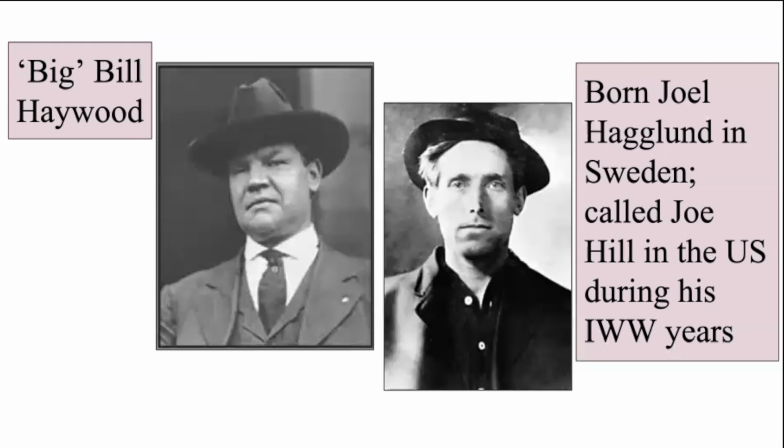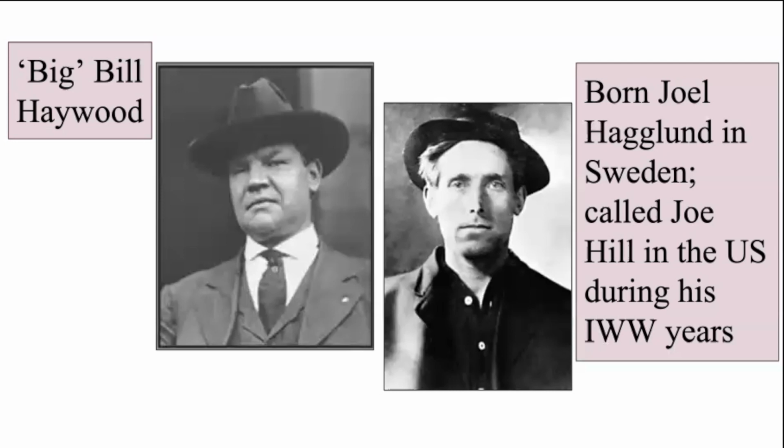The IWW was formed by a convention of unions and union members in Chicago in 1905. As much as it is possible to be cooperative, the Wobblies really were, as opposed to adopting a top-down leadership style. Having said that, these two men on the slide were important to coordinating actions among different groups.